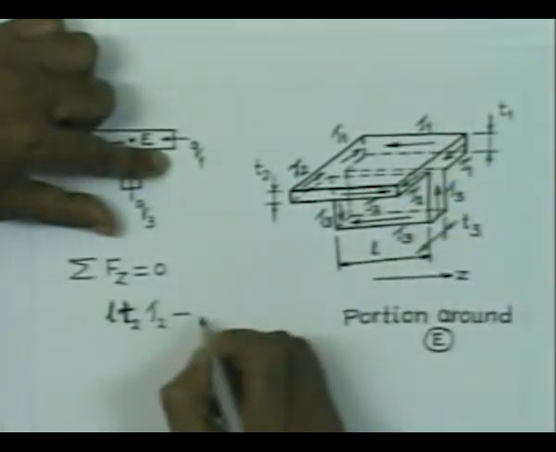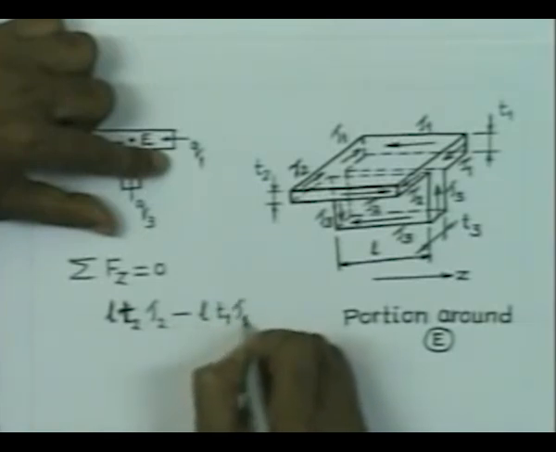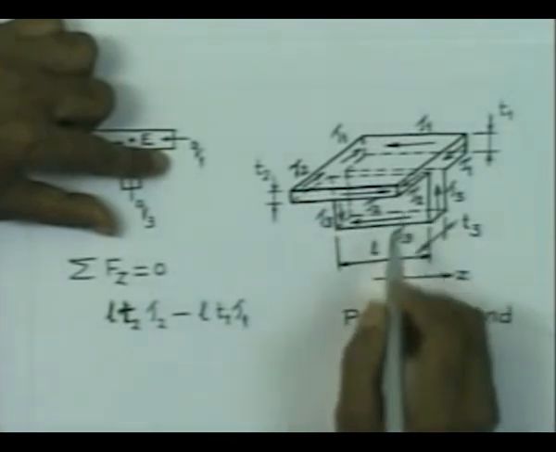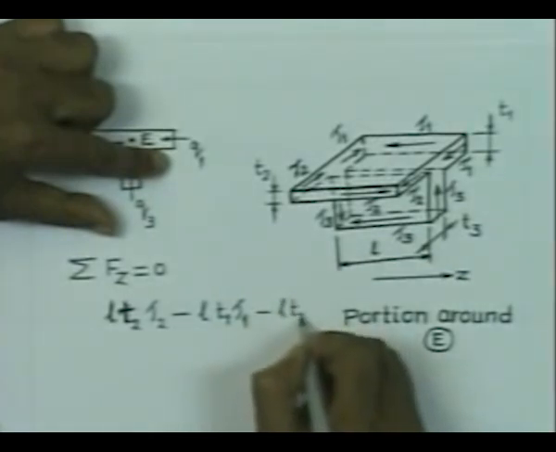So, it is acting in the negative z direction, and from the bottom face, which is nothing but L into T3 into tau 3, it is also acting in the negative direction.